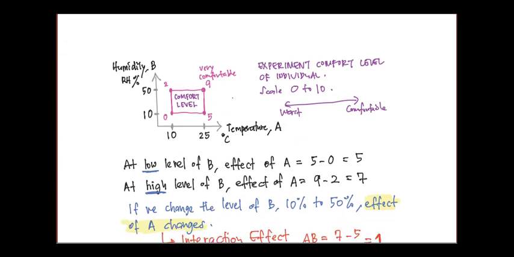Moreover, we may be interested to understand the effect of these two parameters together, how the comfort level will change when we change the temperature and relative humidity together. As you can see here, if one of them is fixed and we change one of the factors, the other one constant, then the result is almost clear.